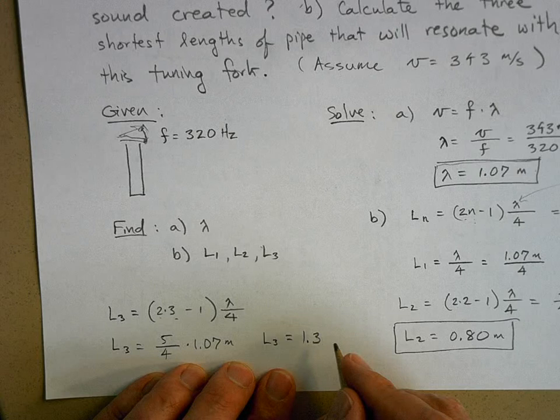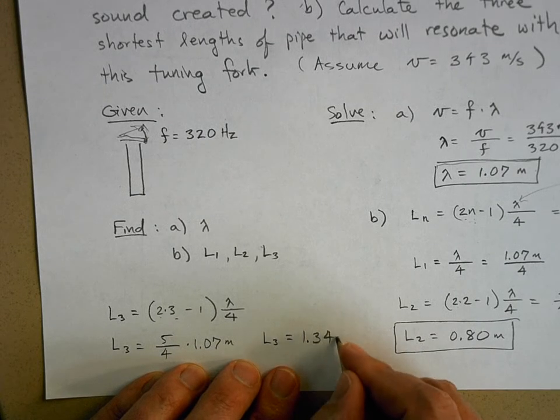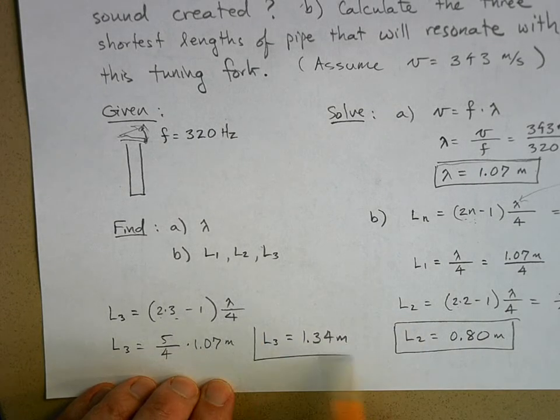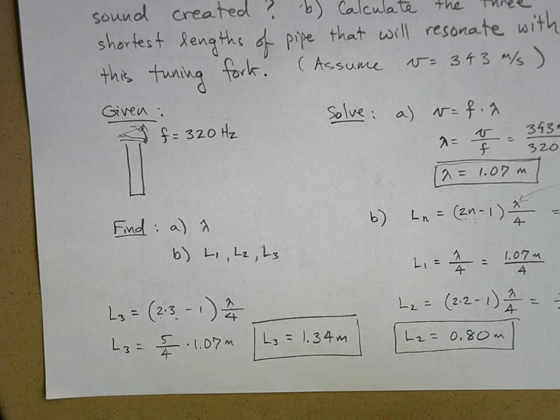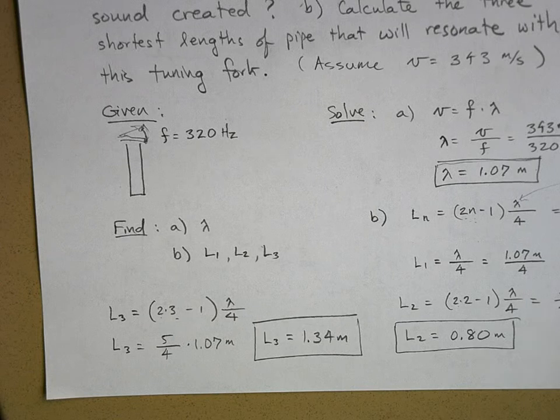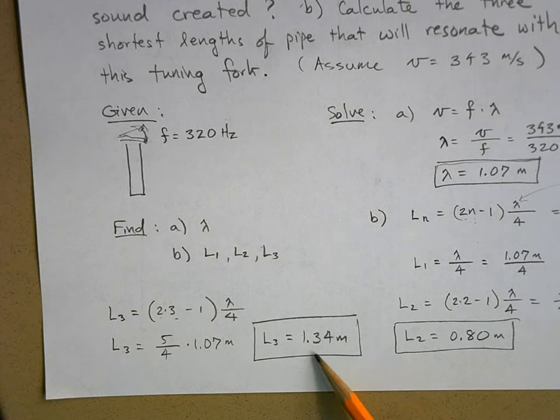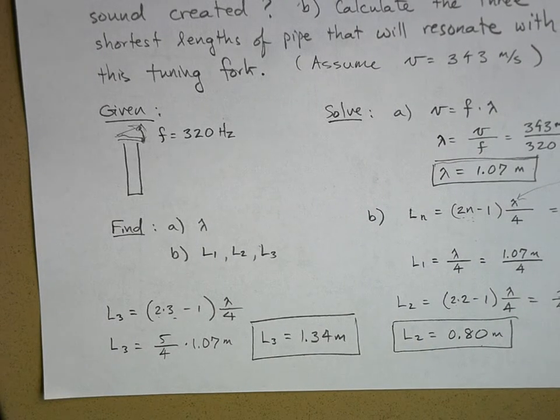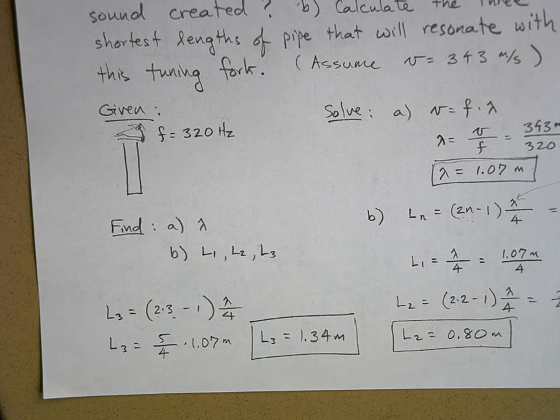You all agree with that? I don't need to punch it in my calculator. All right. Okay. Yeah, 1.34. So these are the 3 lengths: 0.27, 0.8, and 1.34. And you could keep going. I mean, if I asked for the 4 shortest pipes, obviously this is the shortest pipe that will resonate, second shortest pipe, third shortest pipe.